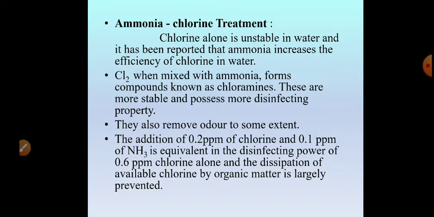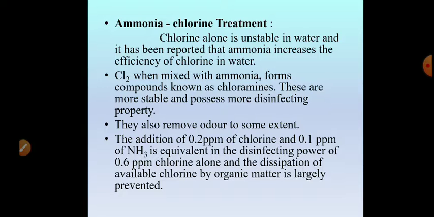The next one is ammonia chlorine treatment. See, when chlorine alone is added to water as a disinfectant, it has been found that chlorine alone is unstable. And it has been reported that ammonia increases the efficiency of working of chlorine in water. So if you mix chlorine and ammonia, the efficiency of chlorine is increased.